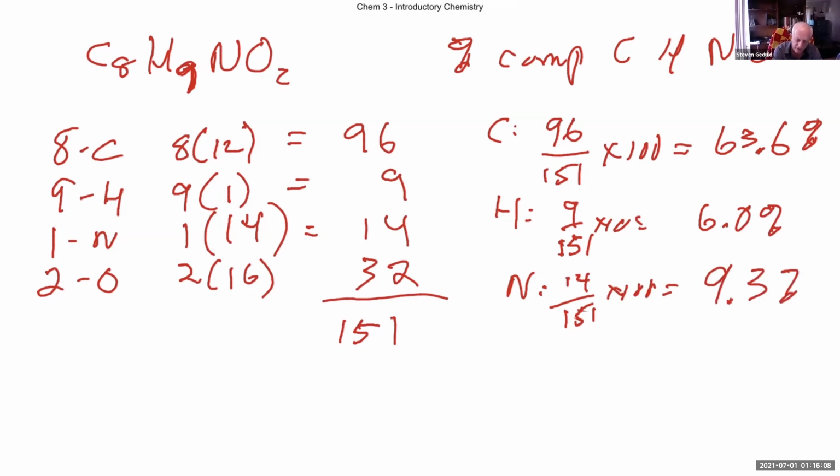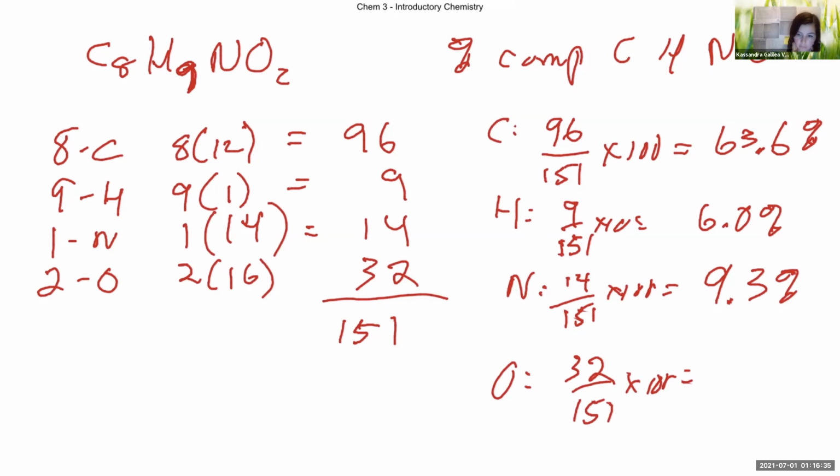I'm just rounding numbers off here, to one place past the decimal. And oxygen would be 32 out of the 151 times 100. And that comes out to what? 21.2, because there's a 9 behind it.